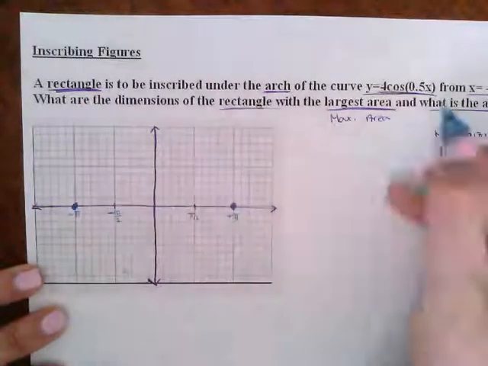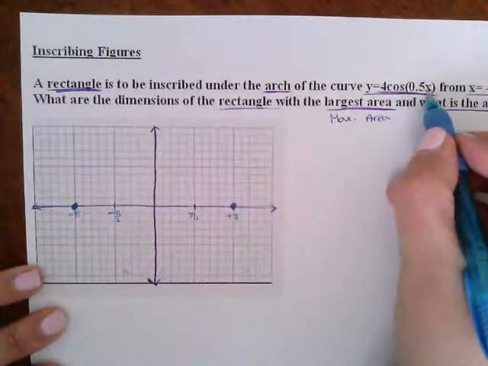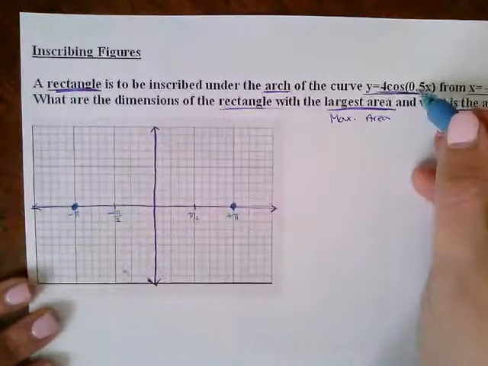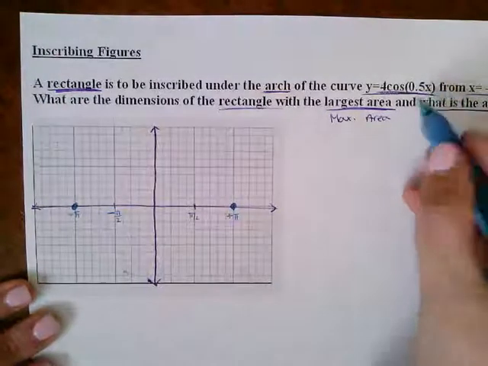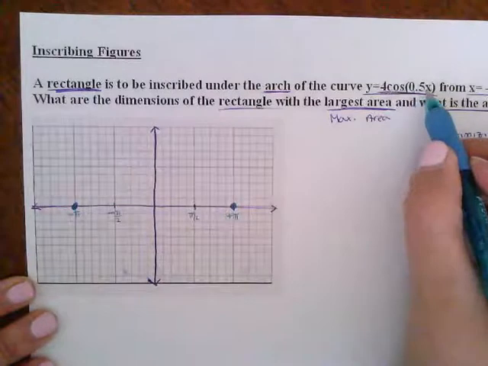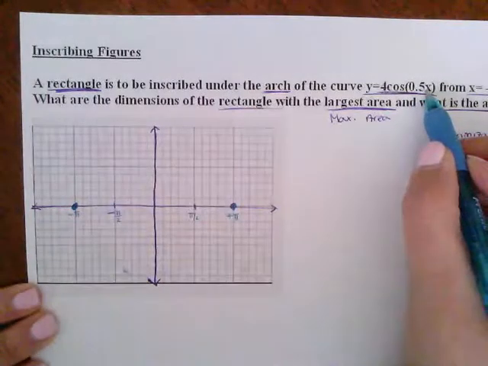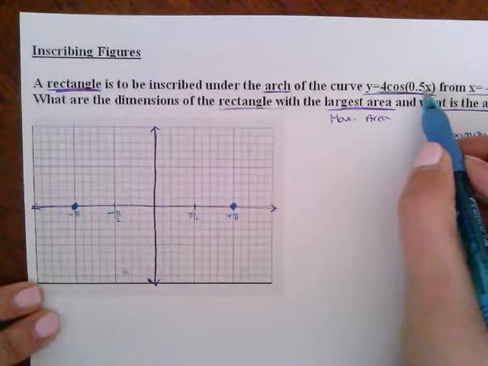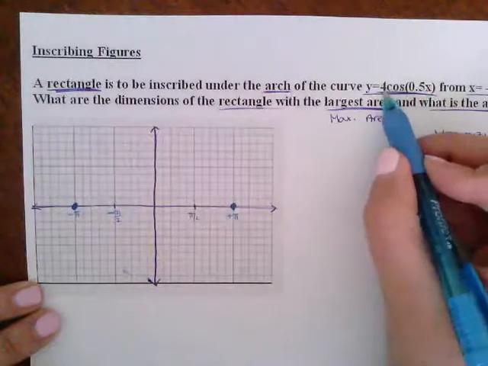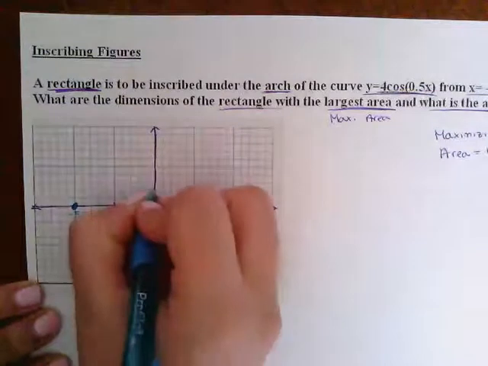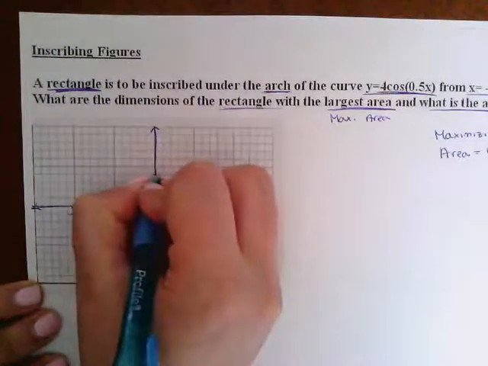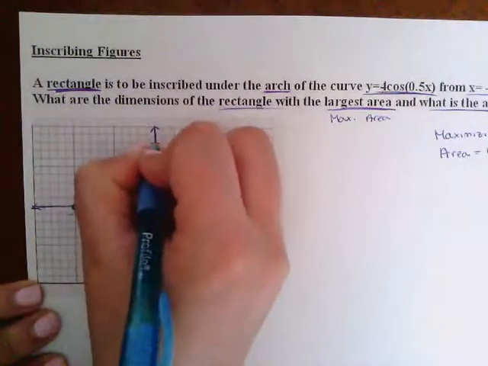When x is 0, so cosine of 0.5 times 0, which is, what is 0.5 times 0? It's 0. Cosine of 0 is 1, times 4 ends up being 4. So 1, 2, 3, 4.